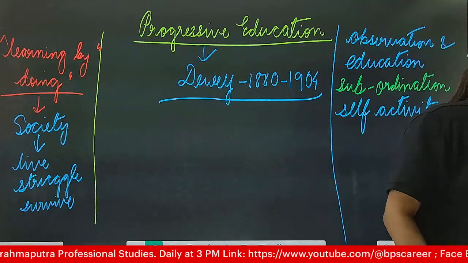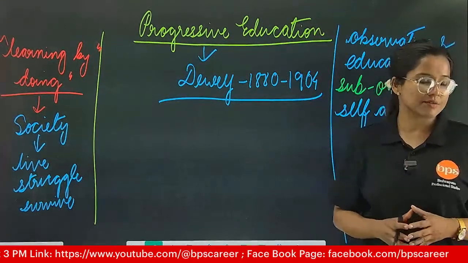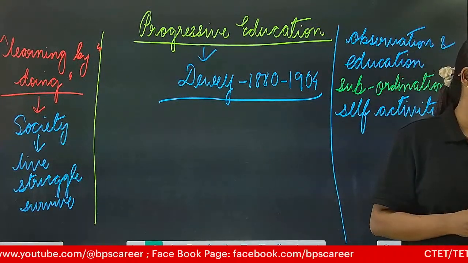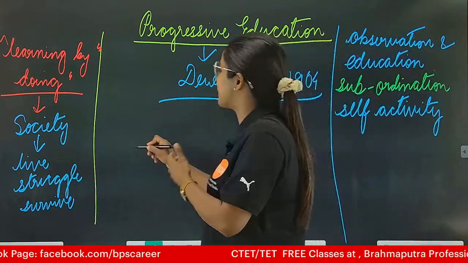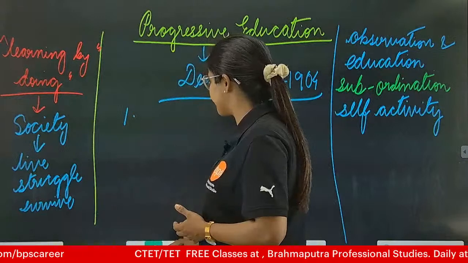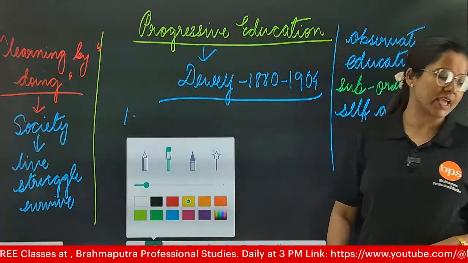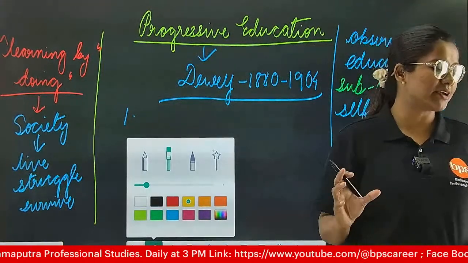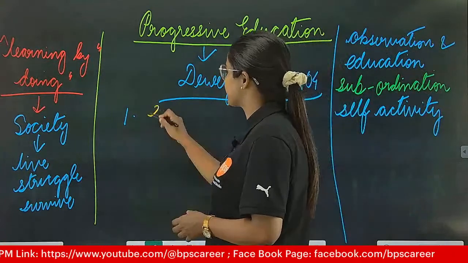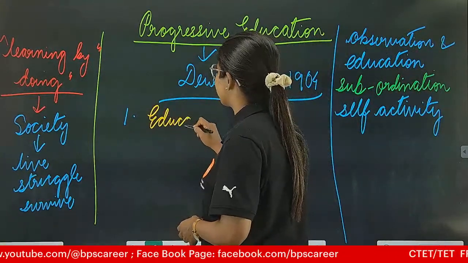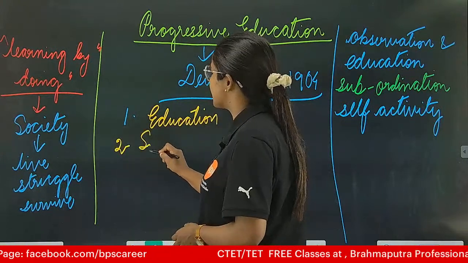Okay. So this is the progressive education system. The main principles. Now, when we are going about the concepts of this theory of progressive education, what are they? The first one is the education system. The entire education system is going to be affected. Then we have the syllabus.